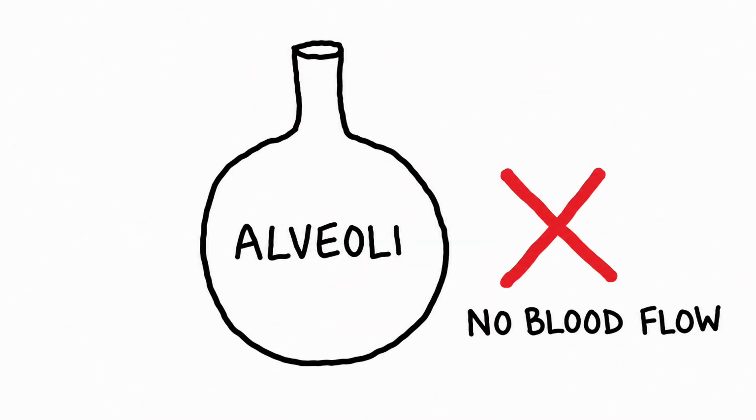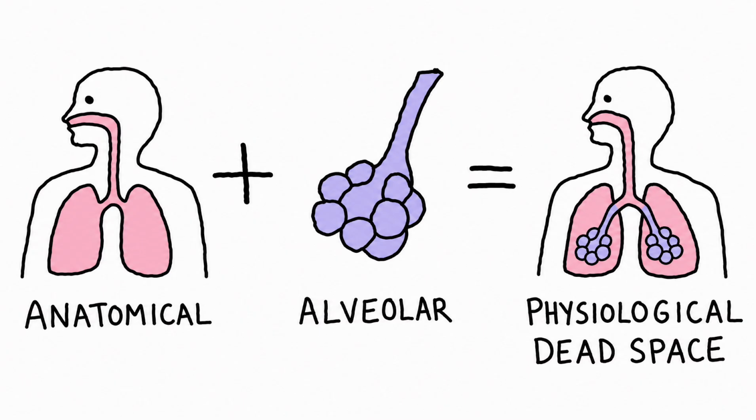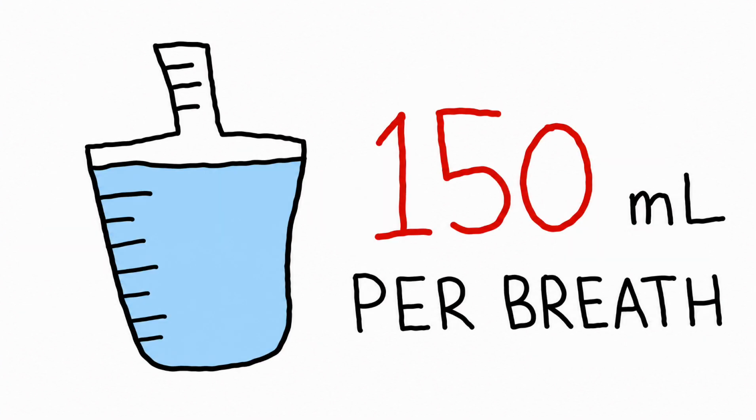This occurs occasionally. And then there's physiological dead space, which is the total of anatomical and alveolar dead space. Under normal circumstances, anatomic dead space equals physiological dead space, usually around 150 milliliters per breath.